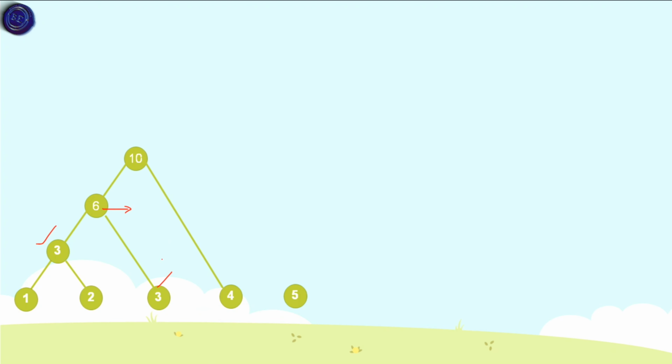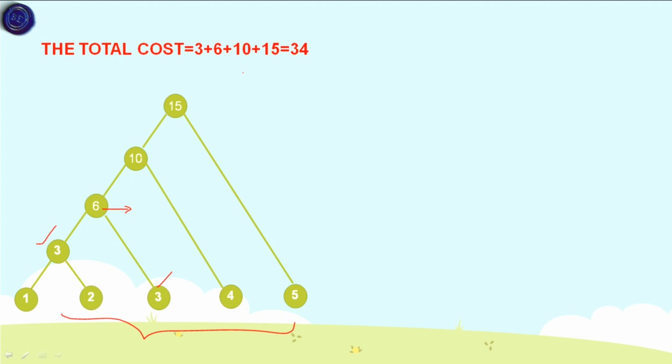After that I combine these 4 files with this file, and we get a single file of 10. After that I combine these 5 files of data and I get 15. To put all 5 files of data into a single file, I did some moves.